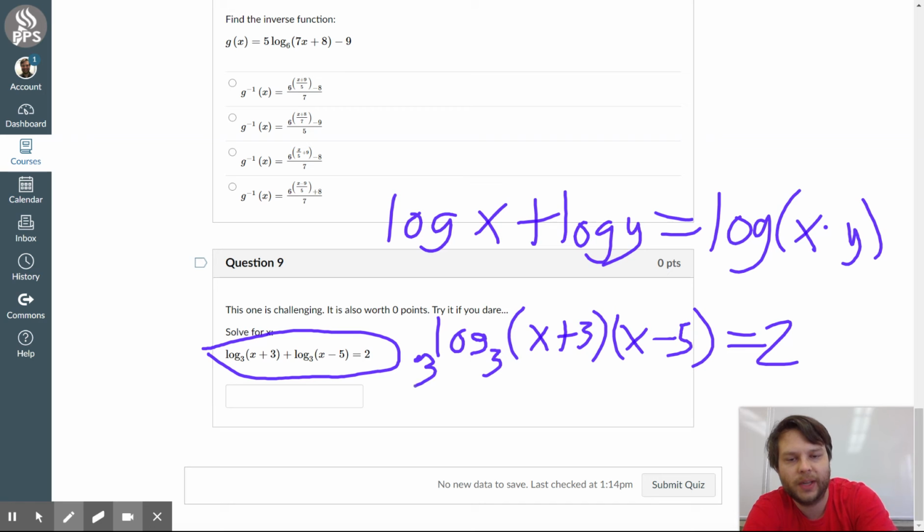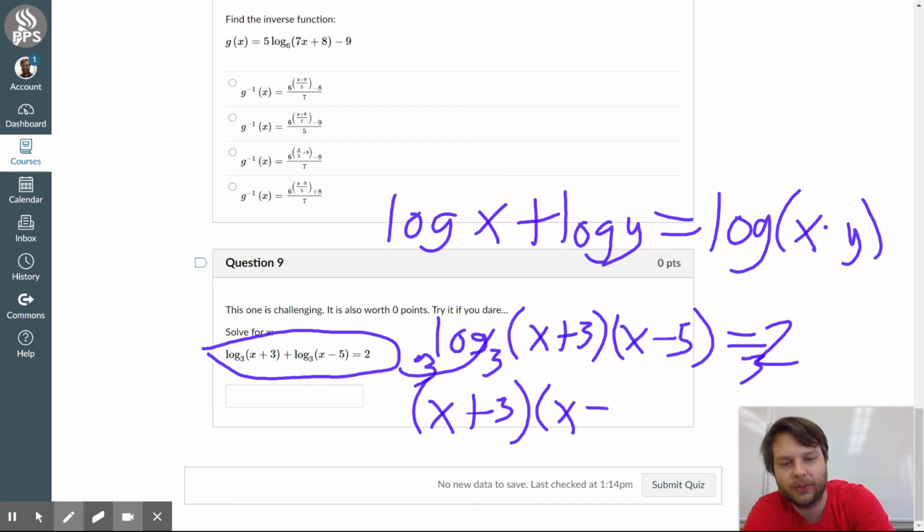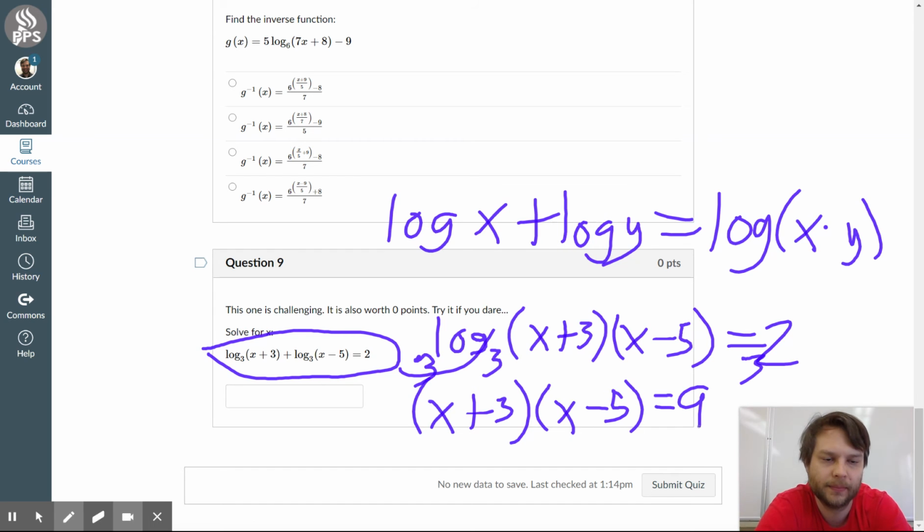Next, we're going to raise both sides. We're going to use the base of 3. So we have x plus 3 times x minus 5. 3 squared is 9. Now, at this point, you might be tempted to try to say, oh, it's negative 3 and positive 5, but that only works if it's equal to 0.